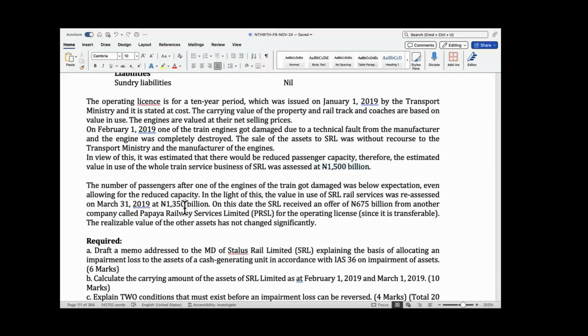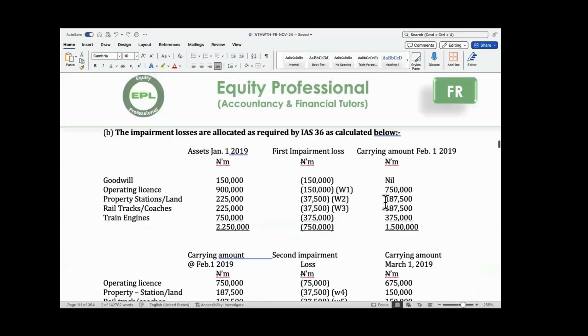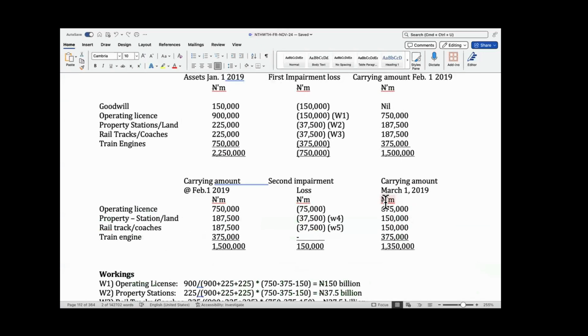And the only thing that happened in March is that somebody wants to buy the license from us, which makes the net realizable value of the license to now be 675. That's the selling price of the license, since somebody has given a firm offer. Okay, so how would that impact? The first thing is that as at March, we know what our impairment loss is for the entire service train station, which is from 1.5, it's going to reduce to 1,350.